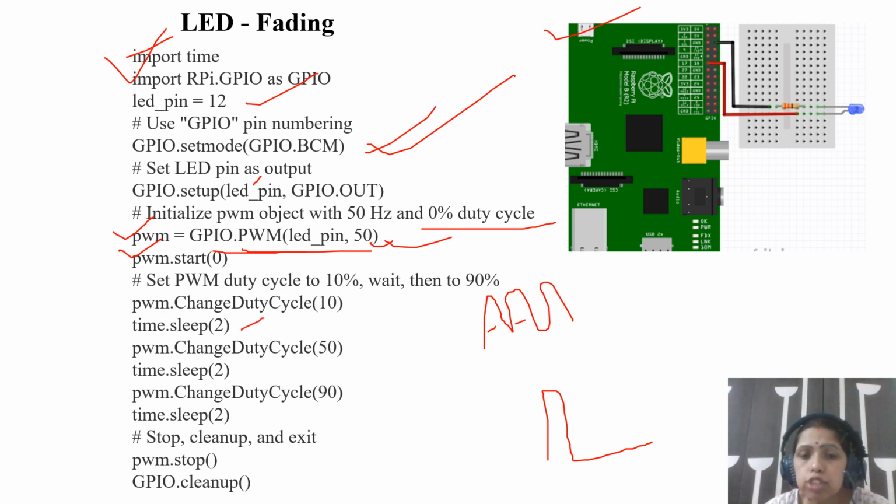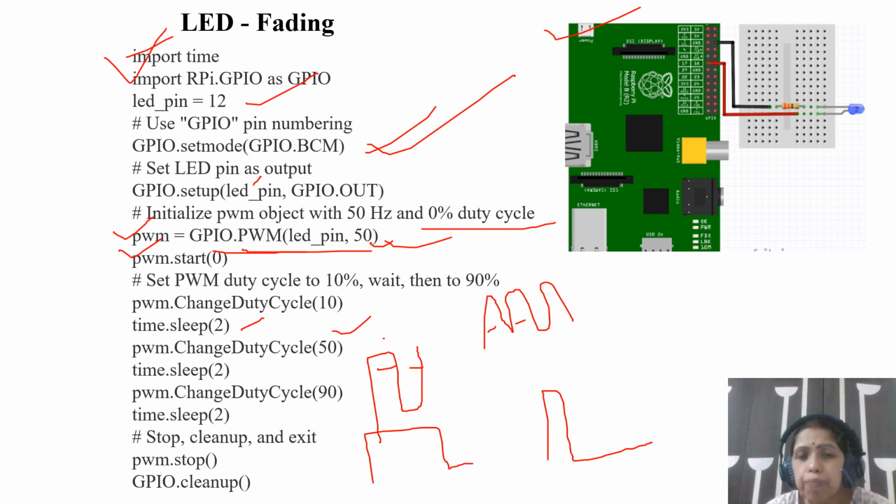Then I have to configure the duty cycle like this: 50 duty means on for 50 percent and off for 50 percent. This will be sustained for 2 seconds, and then 90 means on for 90 milliseconds and off for 10 milliseconds.